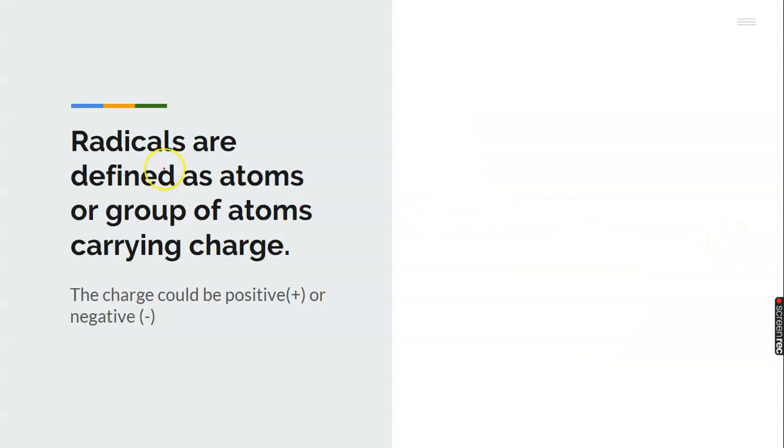So, radicals. There are some compounds, or some groups of atoms, that behave as one unit. They behave like a single unit, okay? They are called radicals. Radicals are defined as atoms or groups of atoms carrying charge. They could carry positive as well, they could carry negative.